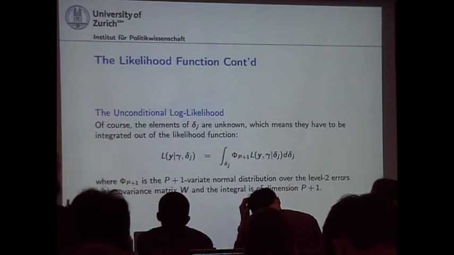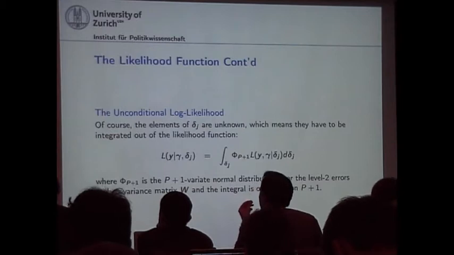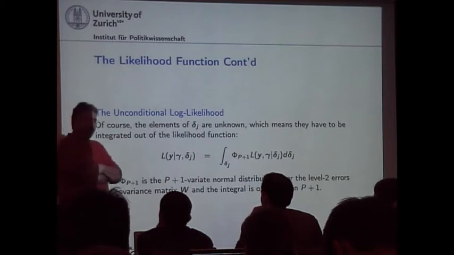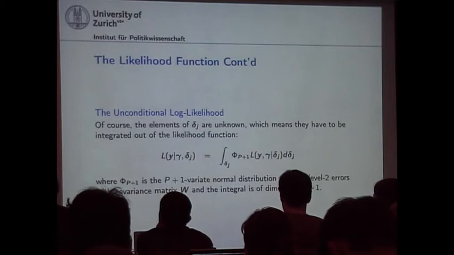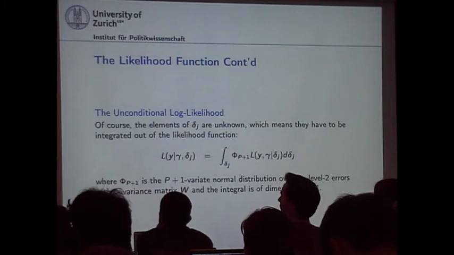And there seem to be two camps at the moment. One, the Bayesians, who say, well, if you have such a complex integral, we know how to handle that. Do Monte Carlo Markov chain simulation. Throw a Gibbs sampler at it. And that's the one that I will not talk about.